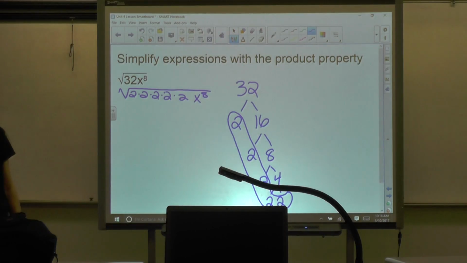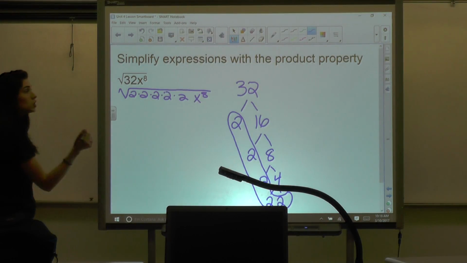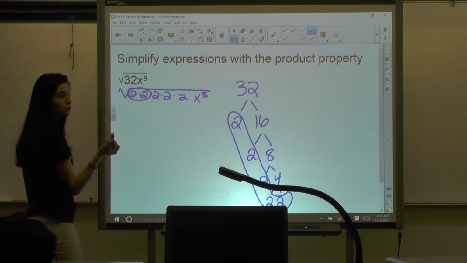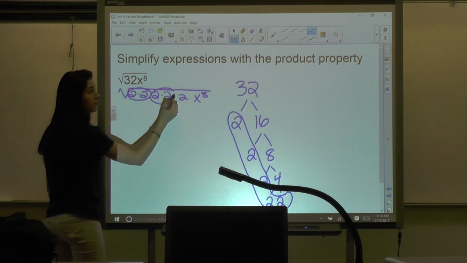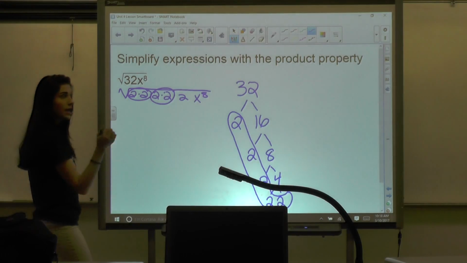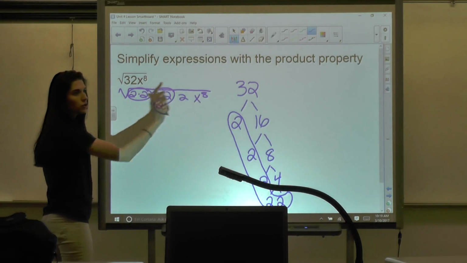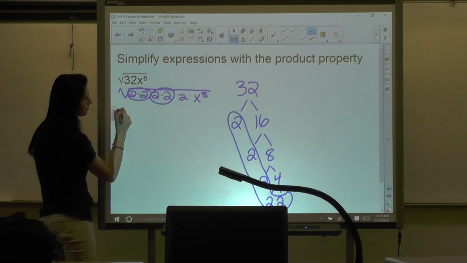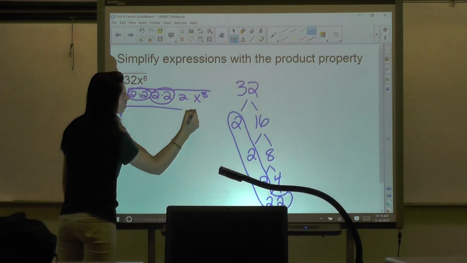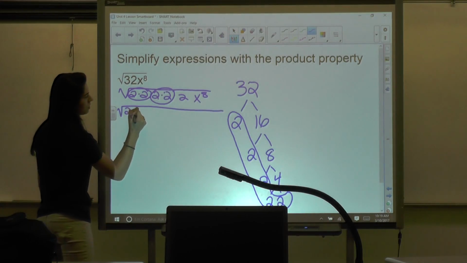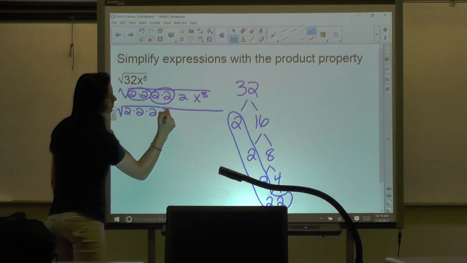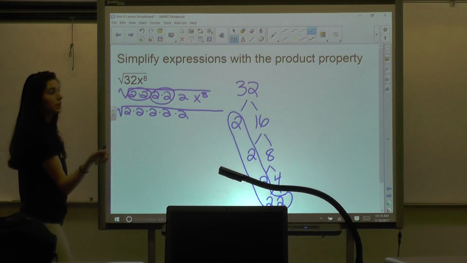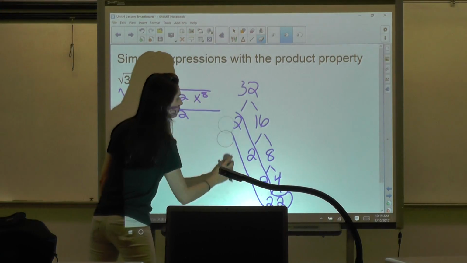In order to come out of a square root, you have to have 2 of something. So I have 2 2's. The same concept goes with our x to the power 8, so I just want to do one more step right here. I could have done this up there, but I want more space.